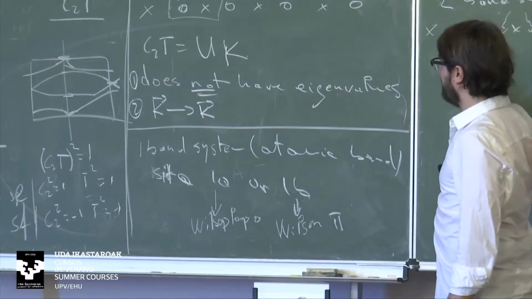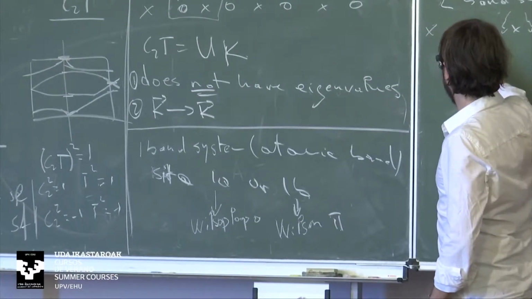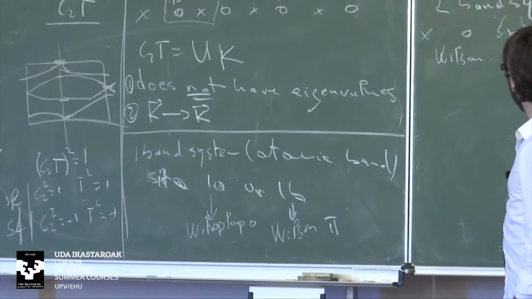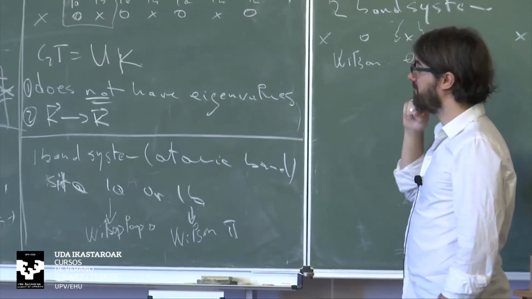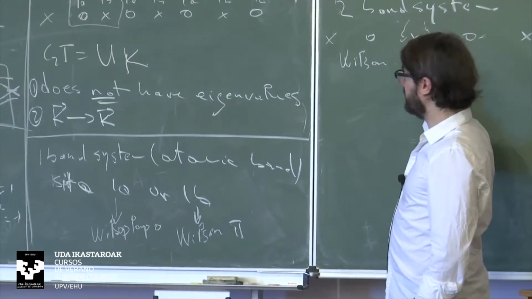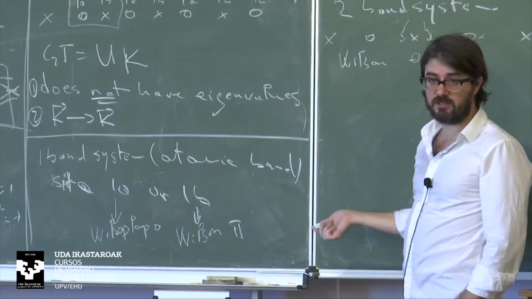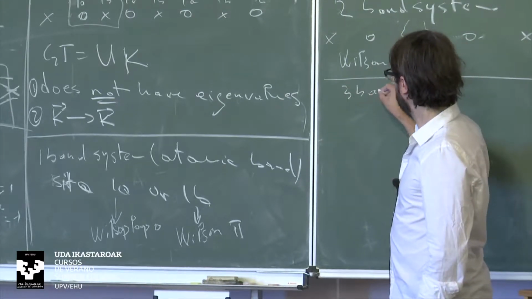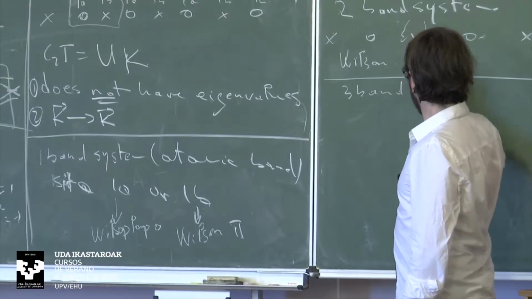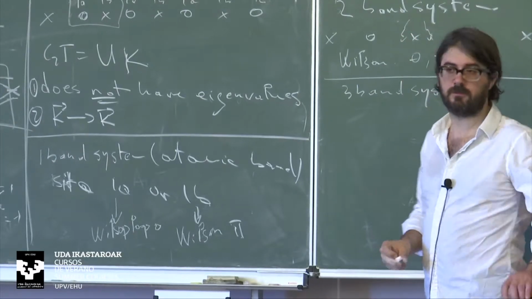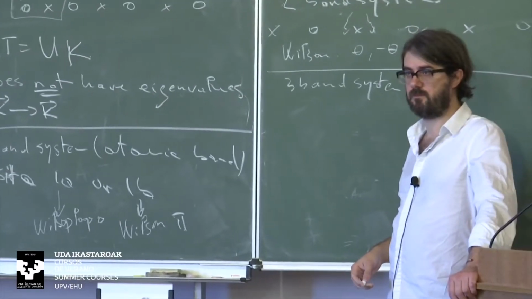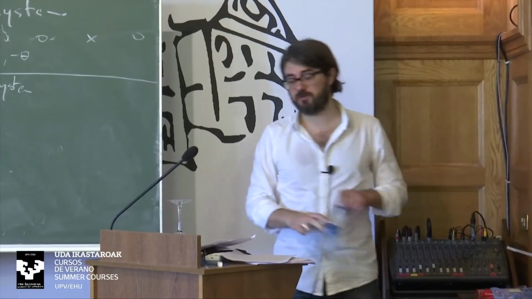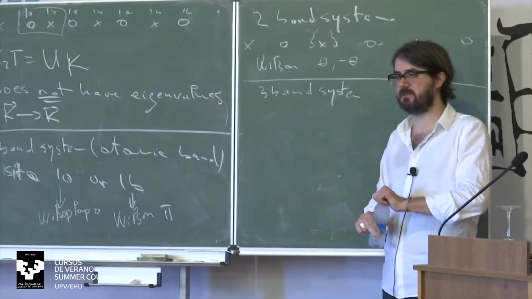Okay, so what are the Wilson eigenvalues for these? Theta, minus theta. Very good. You can clearly see them. And the minus theta comes because of the C2. Okay, three-band system. What are the possible Wilson loop eigenvalues generically for the three-band system?